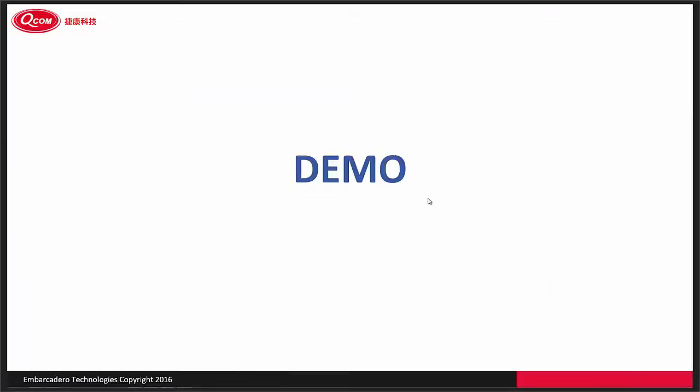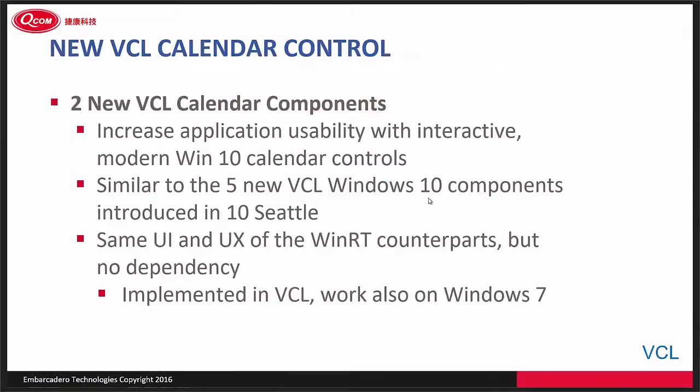The other feature I want to mention is the new VCL calendar control. This is actually two controls, in two ways to use a control. This is similar to the controls that we added in 10 Seattle for VCL. The behavior and the look and feel is that of the Windows 10 WinRT components, but these components are built completely in VCL, so they can be used also in applications that run on Windows 7.